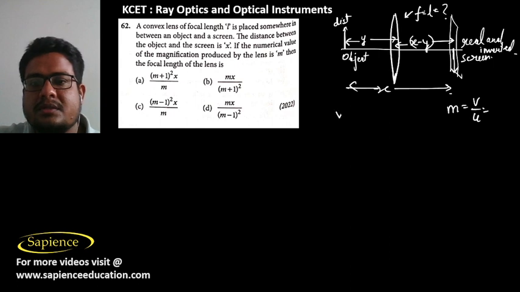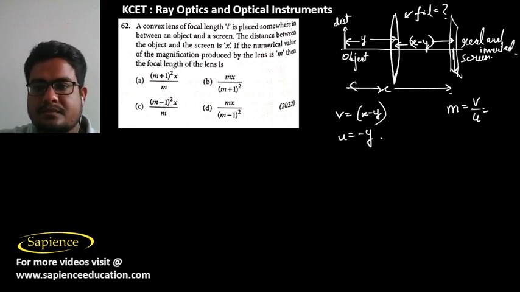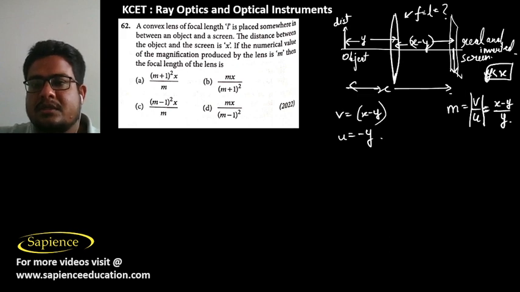Here v is plus x minus y and u is minus y. So its numerical value, mod of v by u, is m. Therefore x minus y by y. Y is obviously less than x.